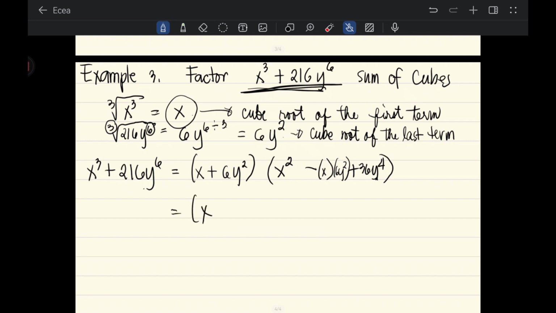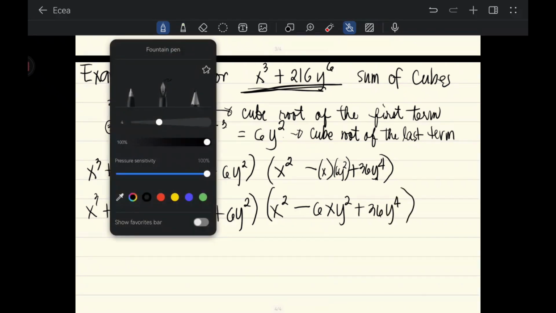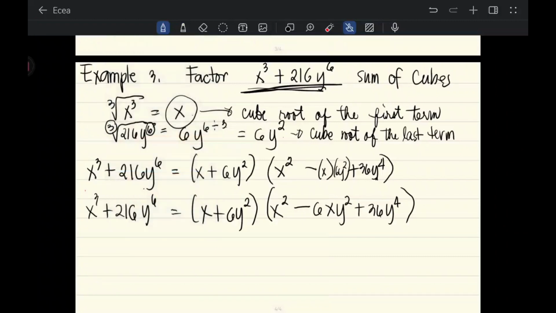This is x cubed plus 216y raised to 6. That is x plus 6y squared times the quantity of x squared minus x times 6y squared. That becomes 6xy squared plus 36y raised to 4. And this is now our final answer.